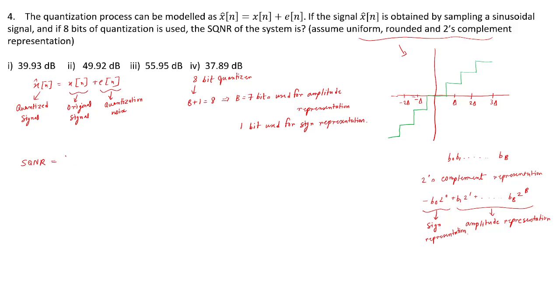So the SQNR is obtained as 6.02b plus 10.8 minus 10 log xm square by sigma x square. Of course this is in dB.